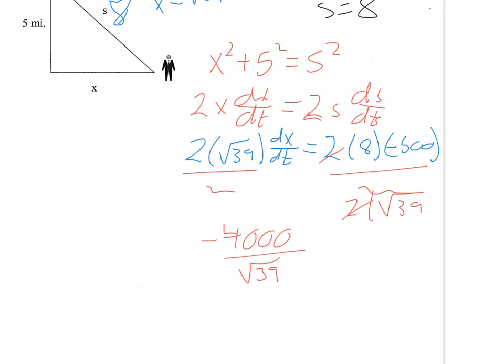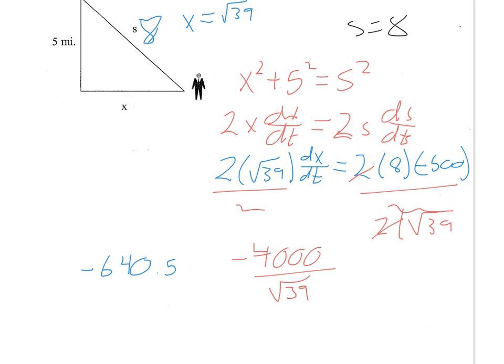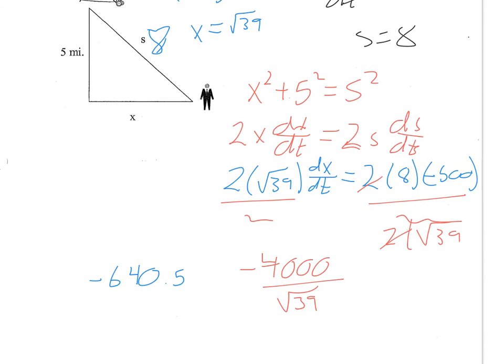Alright, and then we'll use the trusty calculator here to go, negative 4,000 divided by the square root of 39. And I have a grand total of negative 640.5. And let's double check our units. Miles per hour. And we're done. There we go.